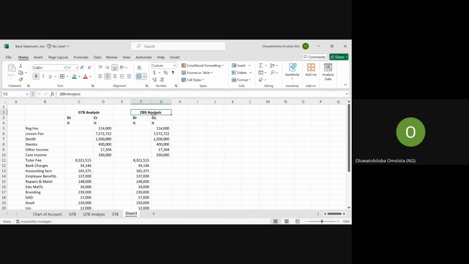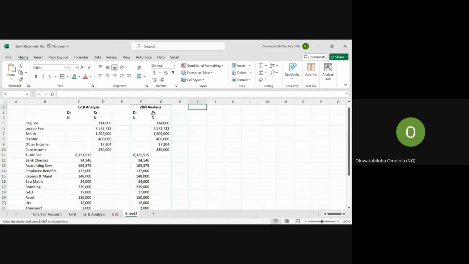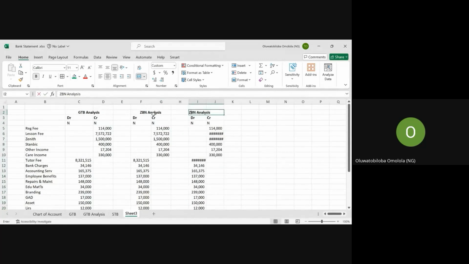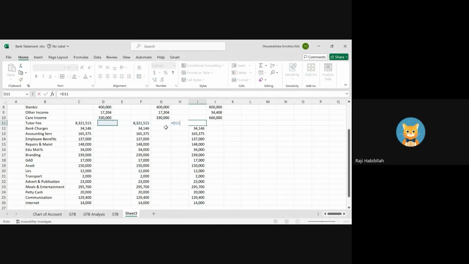You have multiple banks, then you now have a total. You have a place for total. So in your place for total, you are going to add them together. So you are going to add both GTB plus Zenith, right? The same thing for the tutor fee. You do the same.